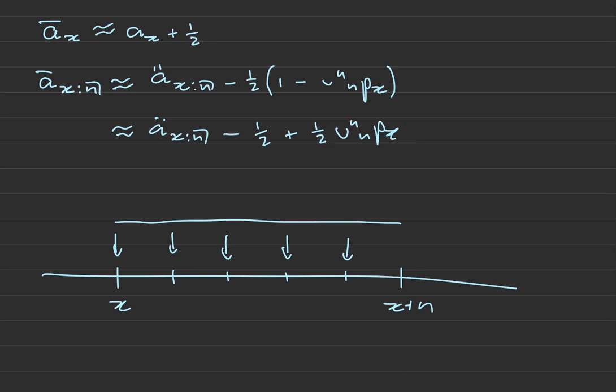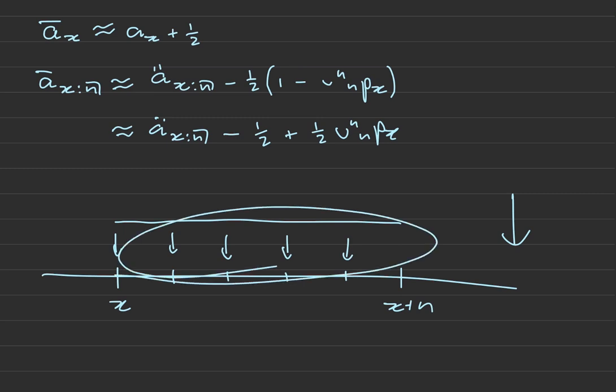Well, if the person dies outside of the term, so they survive to the end of the term, to some age greater than x plus n, then essentially the payments that were made would have been all of these discrete payments for this contract, which I'm trying to relate to the continuous payments that happen between age x and all the way up to x plus n. So, as before, if this payment is accounted for by that flat line, that payment by that flat line, etc., all the way until that payment by that flat line, you should notice that these are approximately equal.